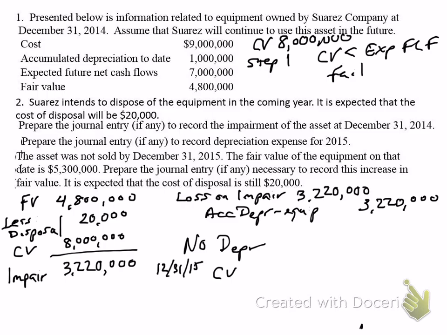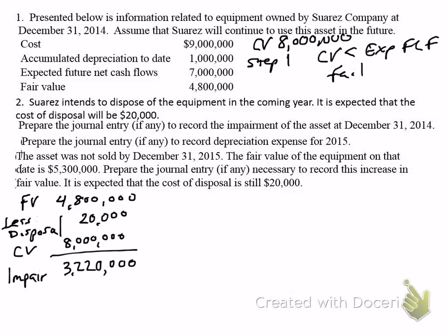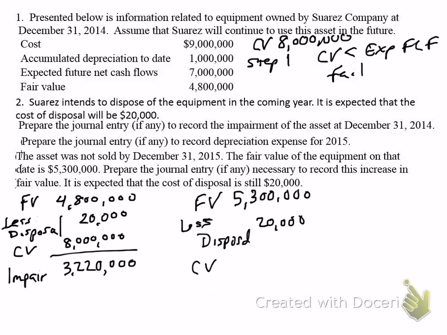At the end of 2015, the asset is still not sold. The fair value of the equipment at that point is $5.3 million. So what we see is that we pass the carrying value compared to the expected future cash flows. We don't have them, but usually those are larger than the fair value. And we do see that because the equipment is being held for resale, we can recover some of the prior year impairment.